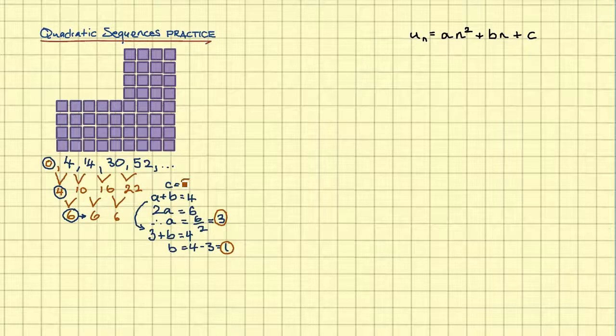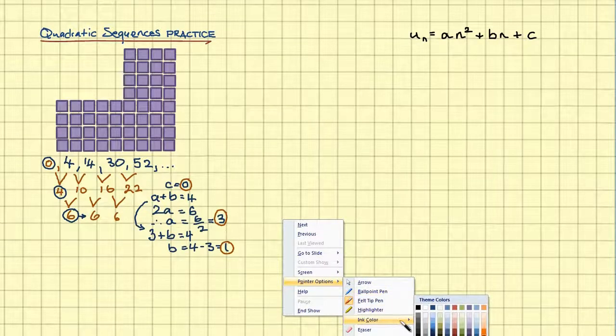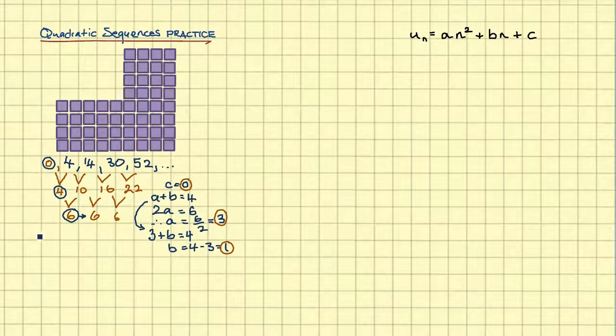So now, let's just circle these values so we can see them clearly. We've got a is 3, b is 1, and c is 0.